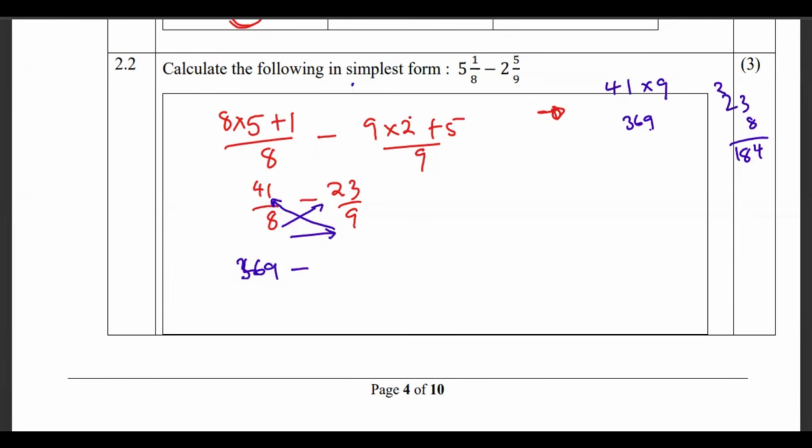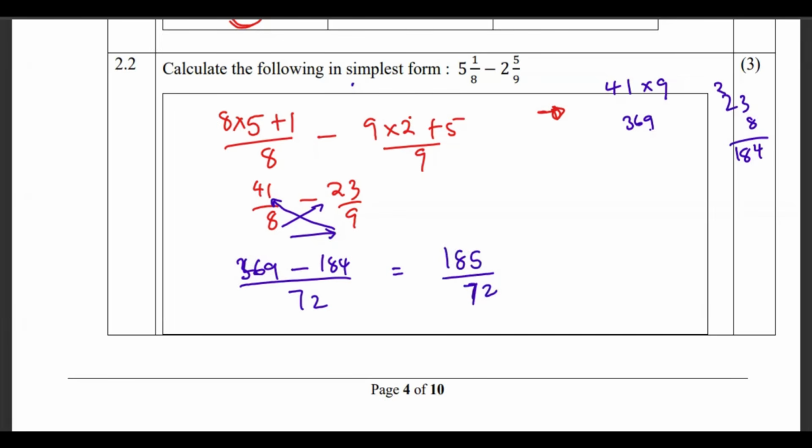So if that is correct, we're going to subtract 184 over 8 times 9 is 72. We simplify this, 369 take away 184. We end up with 185 over 72.